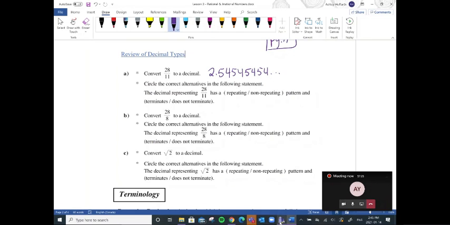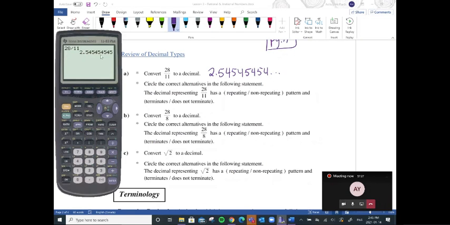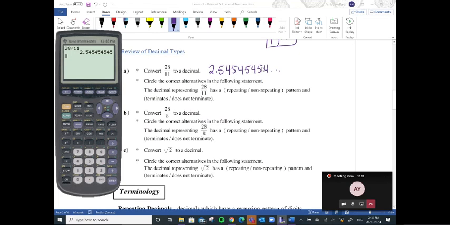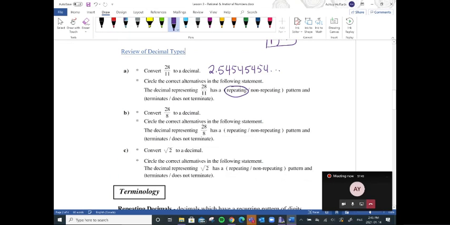So it is 2.5454545455, but you can assume it continues 4, 5, 4, 5, 4, 5, 4. If there's obviously a pattern of numbers that are continuing to repeat, that's a repeating decimal.